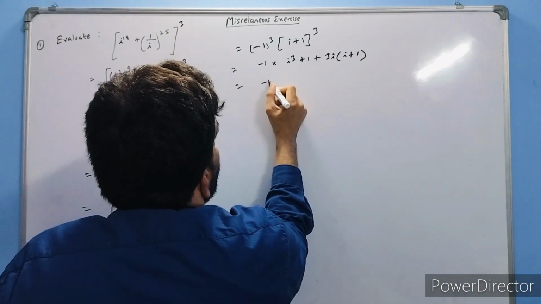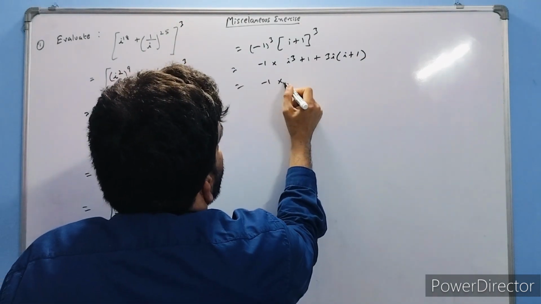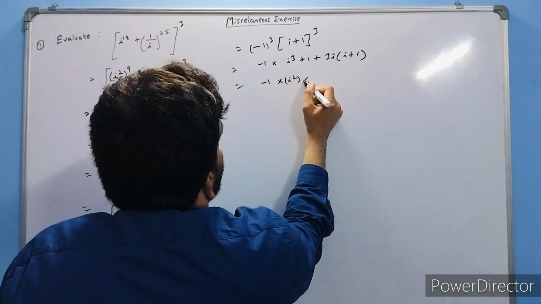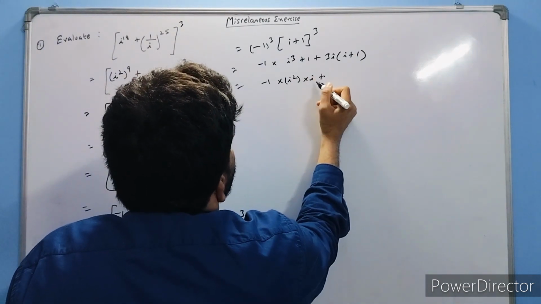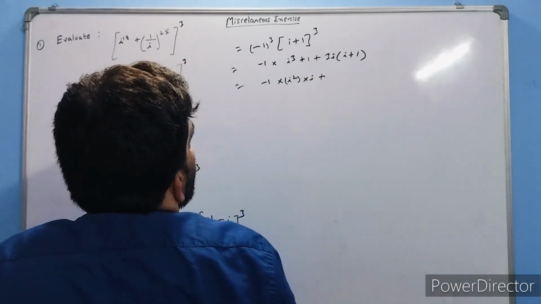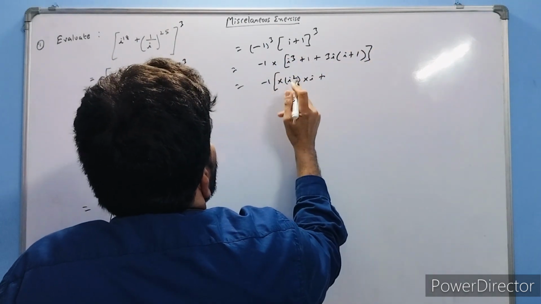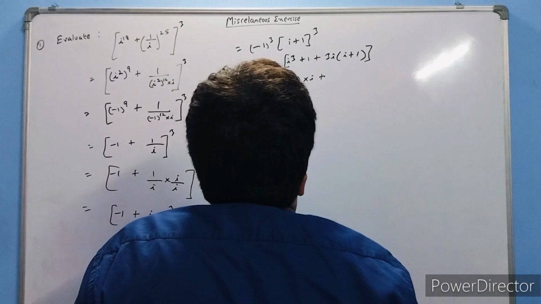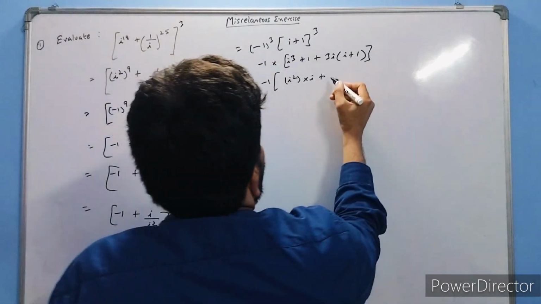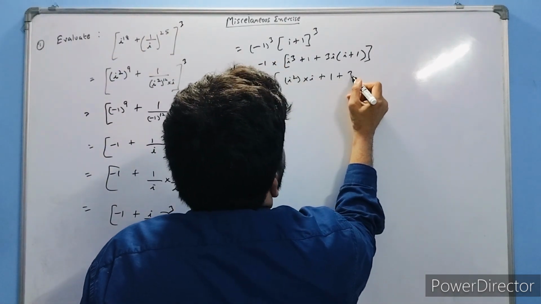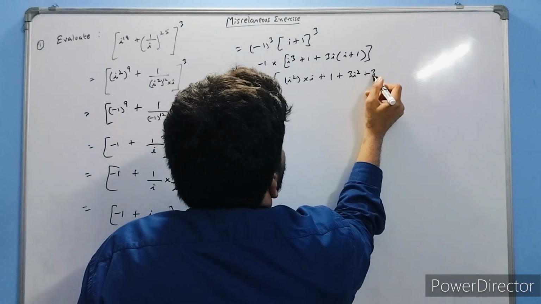So now we have -1 times, i square I can write as i square into i, plus we can take a bracket here, I can write this as plus 1 plus 3i square plus 3i.